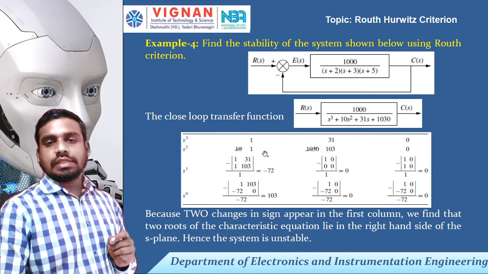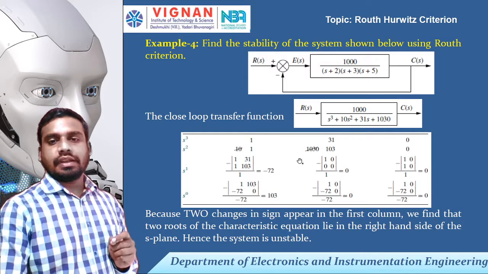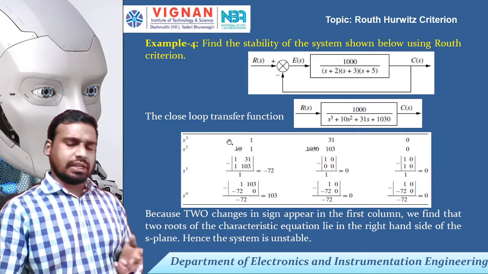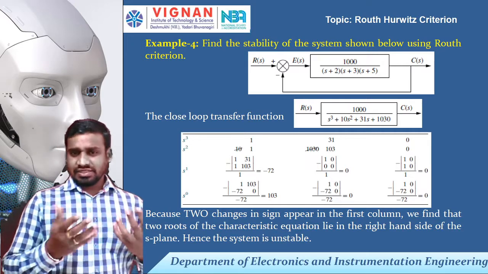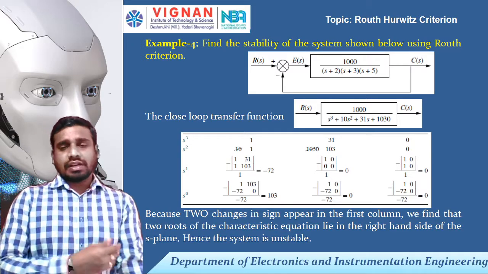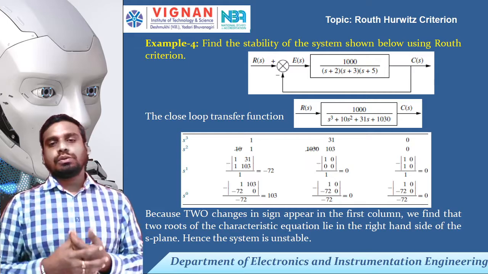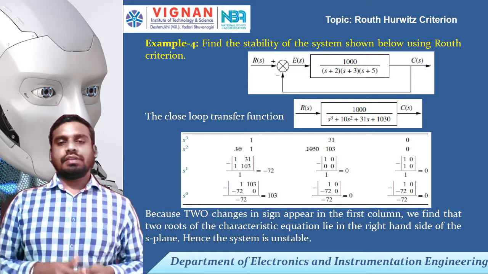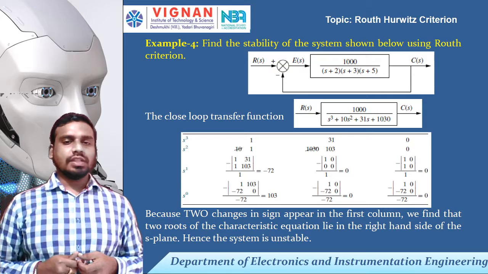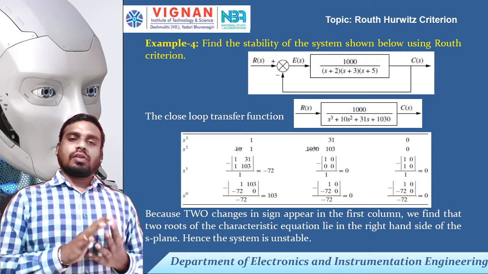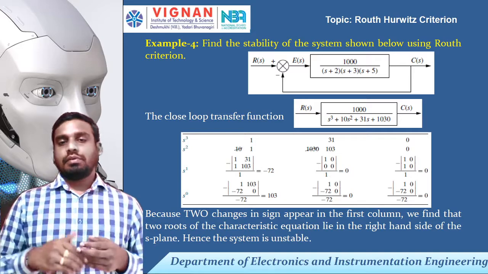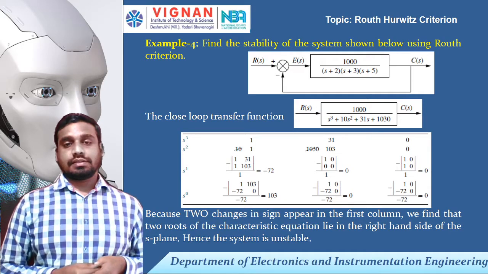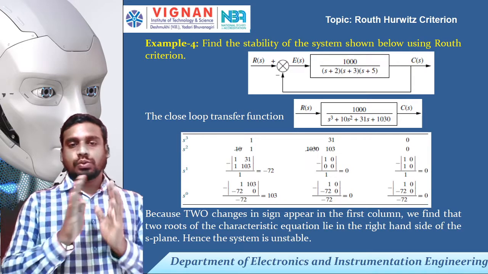Since 10 and 1030 can be factorized, we can take the factor and cancel out. Or else you can keep it as it is, but when you are cancelling, it will be easy for you when calculating the next term. If you are not interested in cancelling out, you keep it as it is and go further, calculating the other elements of the Routh table.